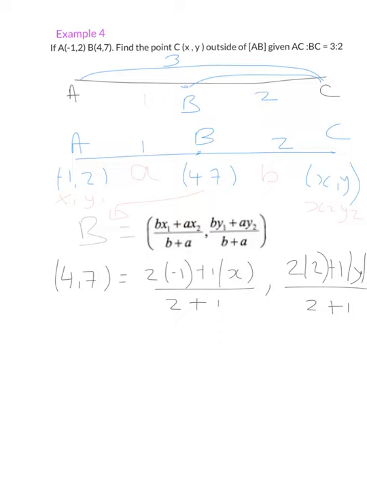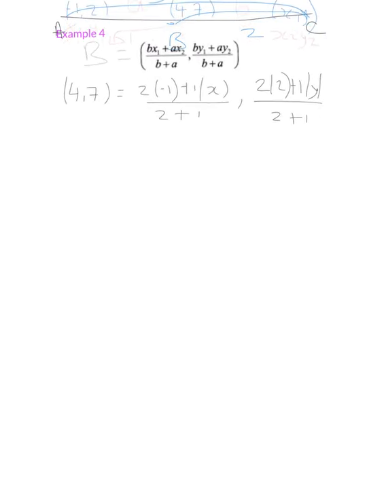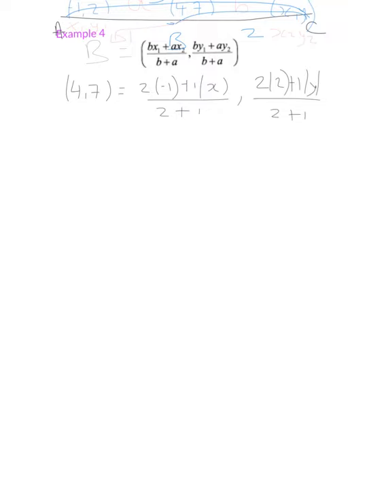I'm just going to move everything up so that I have room here. So we'll work this out for a second before we equate things. This would be (4, 7) is equal to (-2 + x) all over 3, and then 2 times 2 is 4, plus y, all over 3.